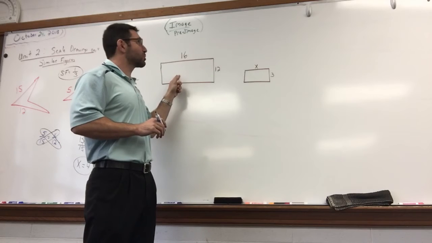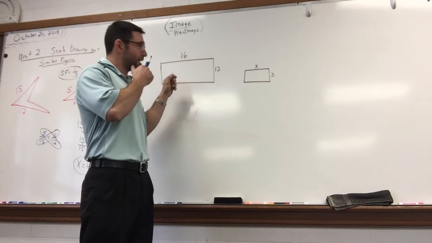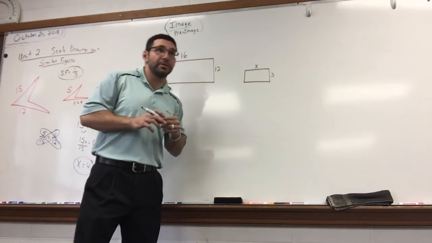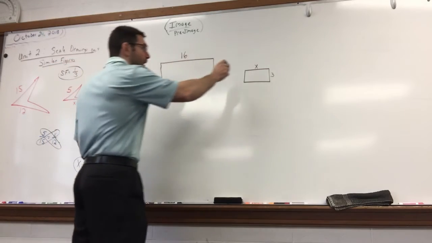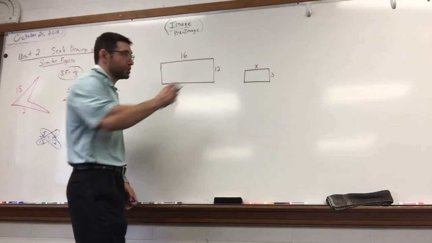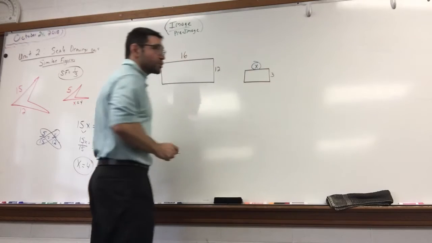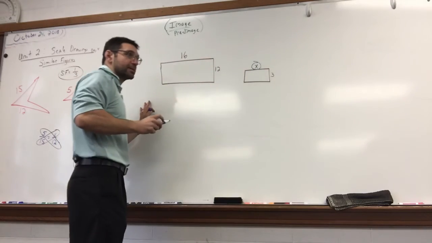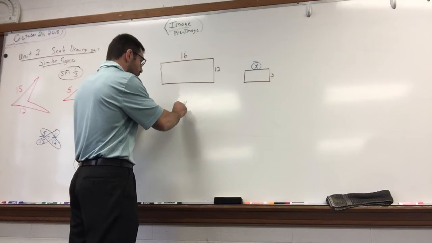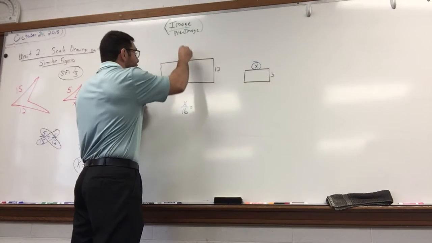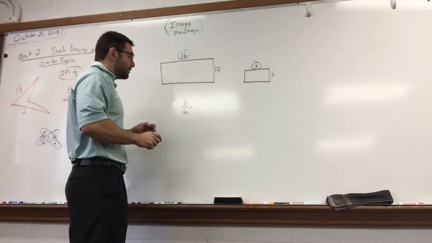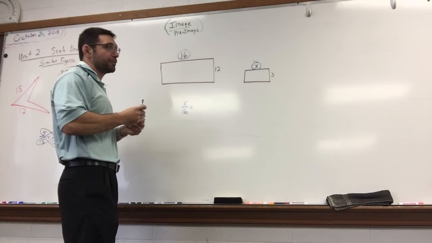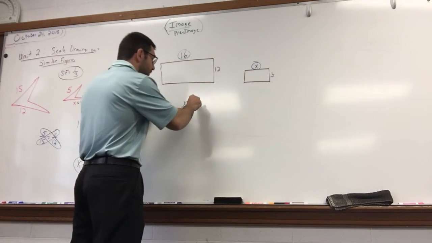The left will always be the pre-image in this class. So I'm setting up a proportion, with an equal sign in between. What corresponds to x, Sheldon? What matches up with x in my other rectangle? 16. Good. So I have x over 16. Those match up. Olivia, what's going to be my other fraction? 3 over 12. Very good.